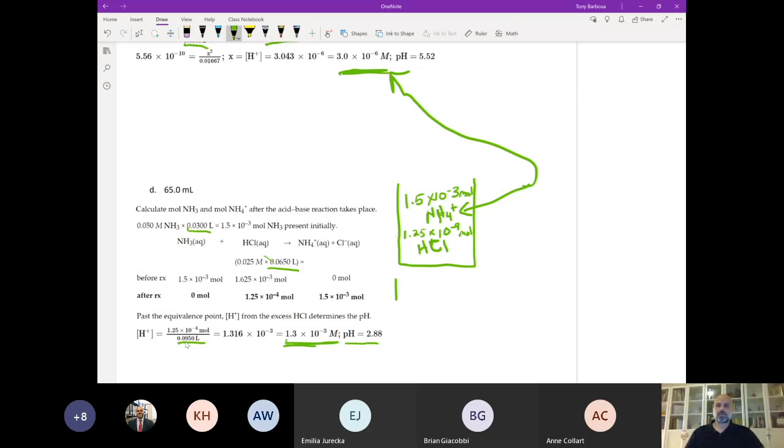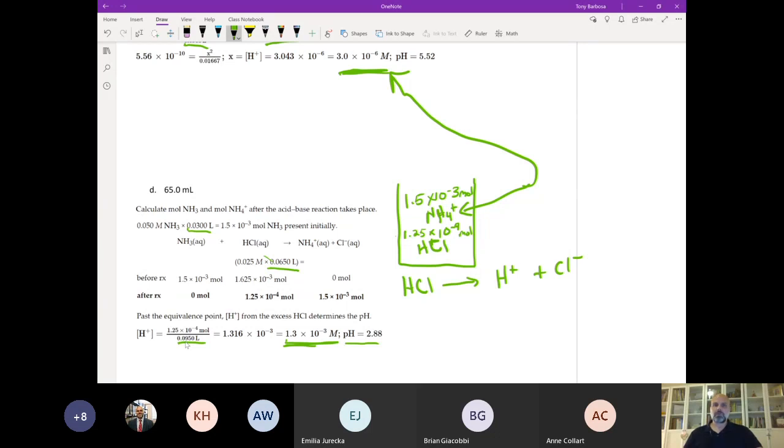HCl, on the other hand, is going to be fully dissociated. When you dissolve HCl in an aqueous solution, it's fully dissociated to give us H plus and Cl minus, because it's a strong acid.